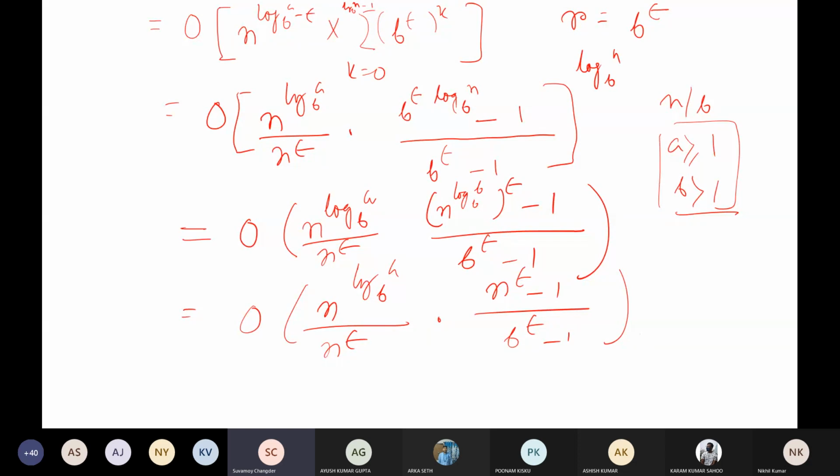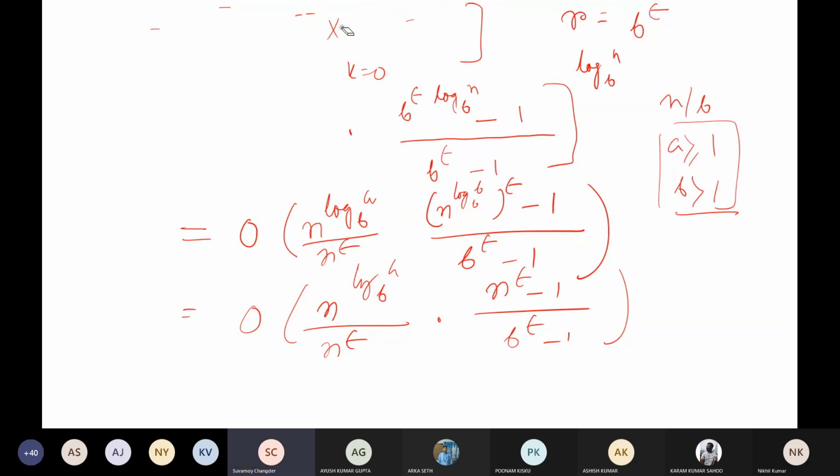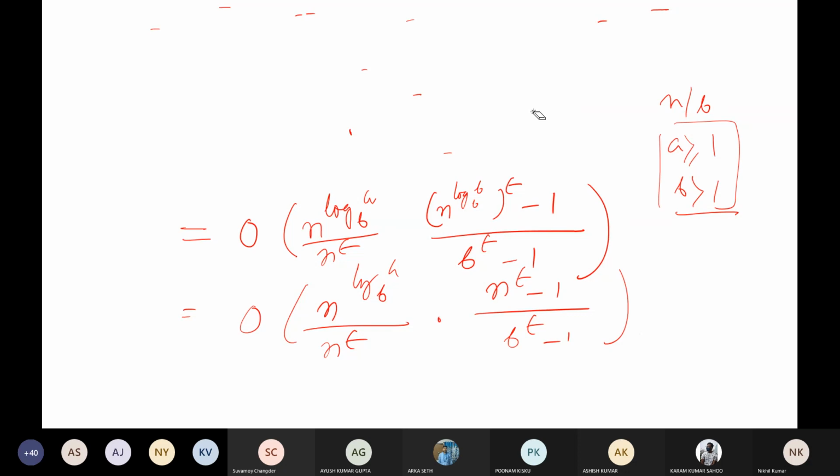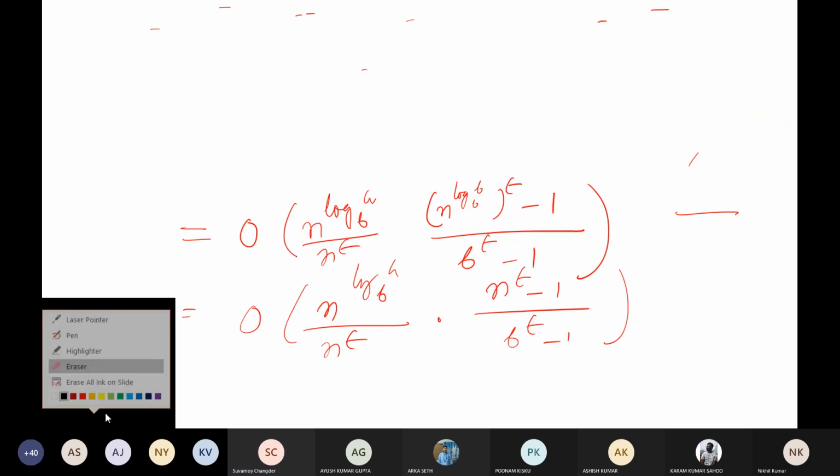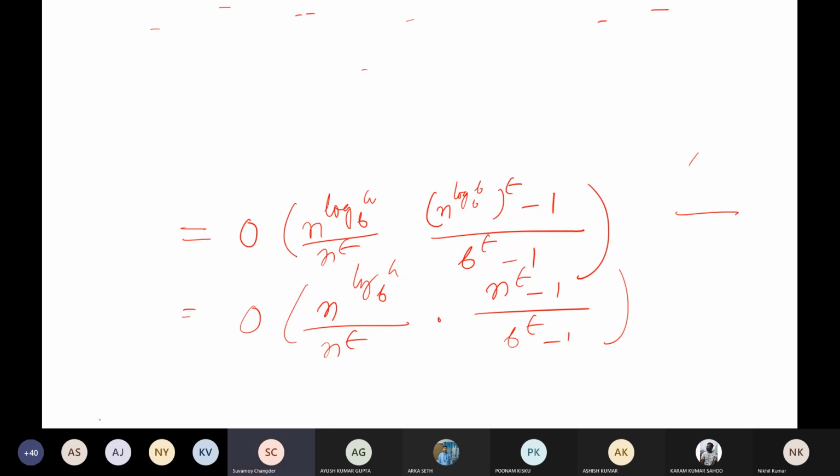In the next term, we will iterate all these. Okay, iterate means discard all these values. So let us check. That will be equal to, so what can we write, this equal to 1 by b to the power epsilon.